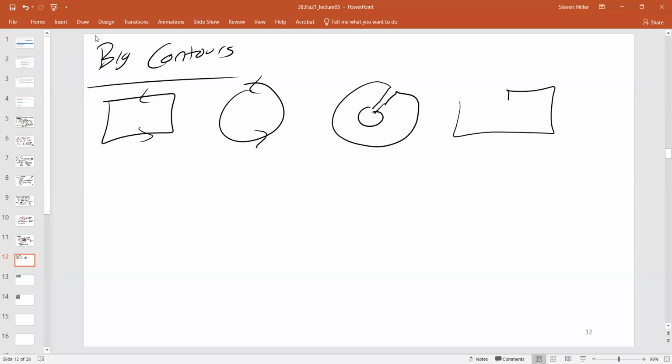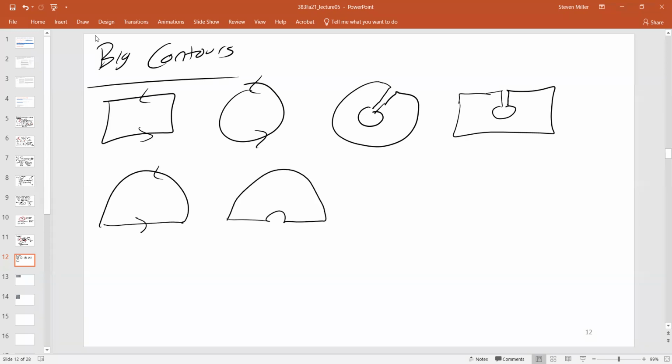You could also, of course, do this for a rectangle where we throw away something on the inside. A semicircle where we detour around a pole where it blows up maybe at the origin, or maybe we detour the other way so that we actually include the pole. Doesn't really matter. Sectors, part of a semicircle.